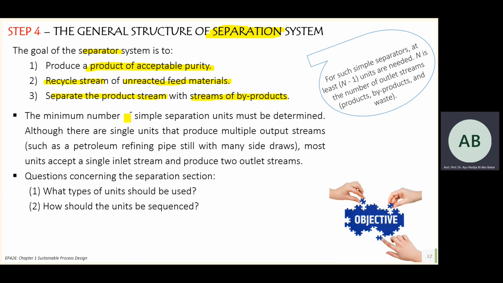After you obtain your product, you need to consider the minimum number of simple separation units. Questions concerning the separation section, this kind of question should be asked as well, in order for you to decide on the separation system.